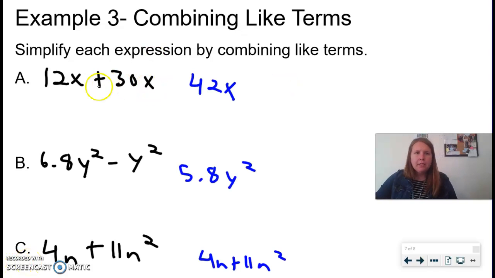So my expression here, 12x plus 30x, they're both like terms, so I just add it. What's 12 plus 30? It's 42. Keep that x, 42x. My y's are like terms because they are both squared. Remember, if you just have y squared, it's like saying 1y. So in this case, I'd take 6.8 minus 1, which is 5.8, keep the y squared.